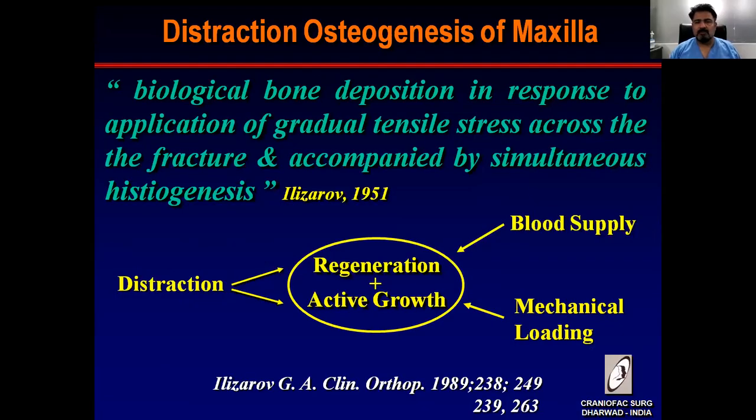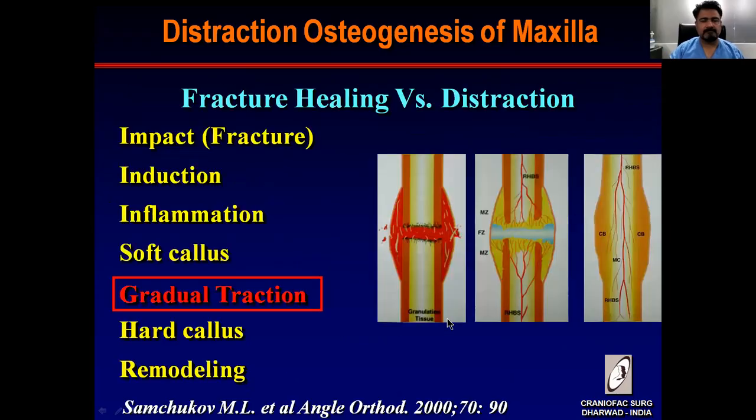Biological bone deposition in response to the application of gradual tensile stress across the fracture, accompanied by stimulus for histogenesis, is called distraction. So distraction is regeneration plus active growth of the bone with ample blood supply and mechanical loading. This is an example of fracture healing versus distraction.